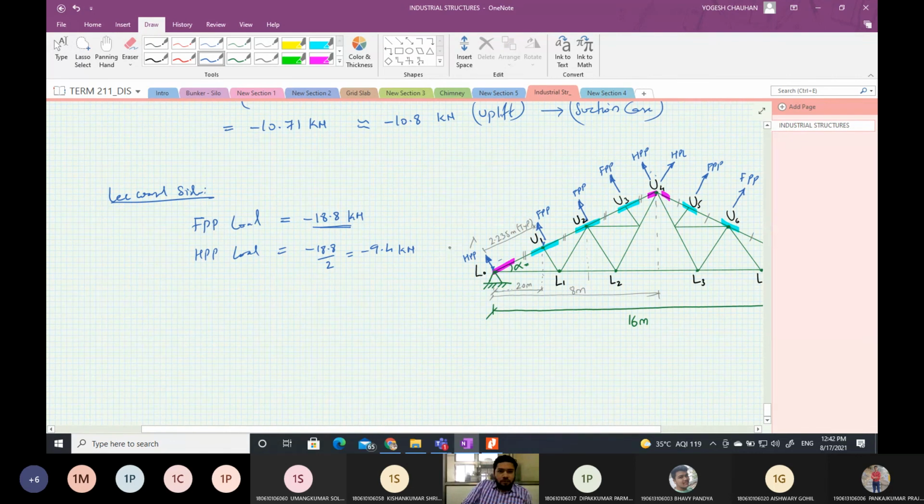The full panel point load is 18.8 kN and the half panel point load is 9.4. Similarly, for the windward side, the full panel point load is minus 10.8 kN and the half panel point load is 10.8 by 2, that is 5.4 kN.